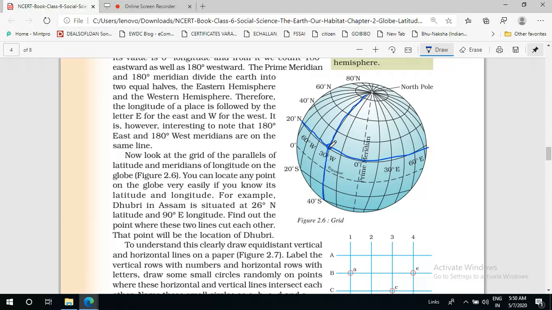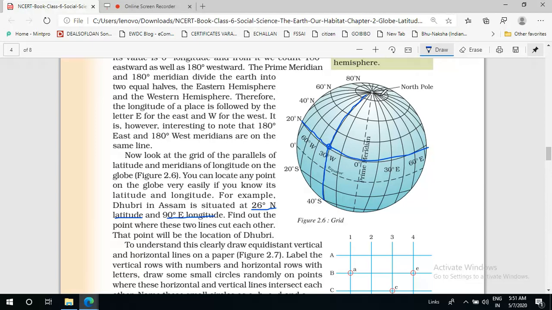Now it is given in your book that Dhubri is a place in Assam, and the location of Dhubri is 26-degree north latitude and 90-degree east longitude. It's not visible in this picture, but this is the 90-degree east longitude.